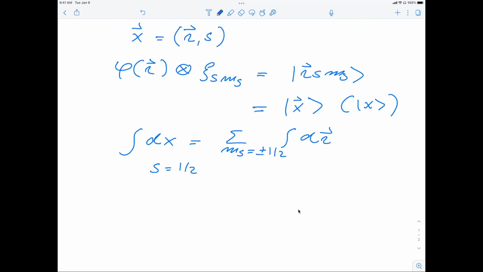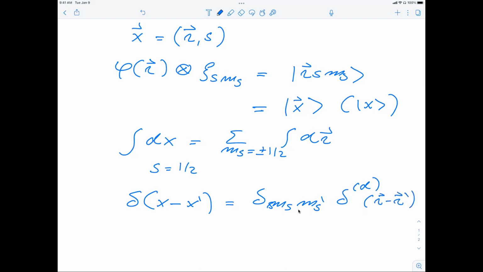This means that when we look at the standard quantity for the normalization of the states, this is going to be given by a Kronecker delta for ms. So we have a state x and a state x prime, and it's going to have delta, and then I'm going to put a d here for the dimensionality of the system, and then we're going to have an r minus an r prime here.